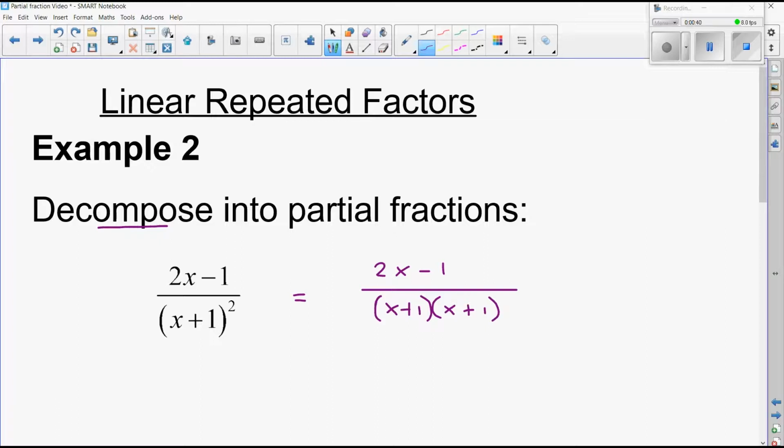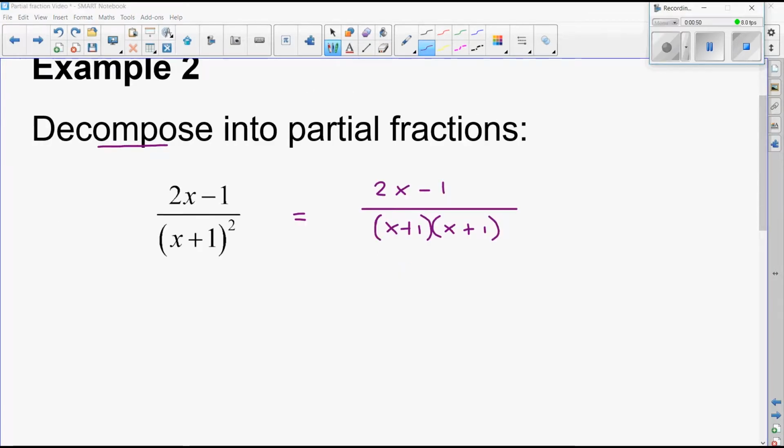Once again, I'm going to separate my denominators and write it down using the letters A and B. Looking at the left-hand side, I'm going to write it as A over (x + 1) plus B, my second fraction, over (x + 1)(x + 1), or (x + 1)².